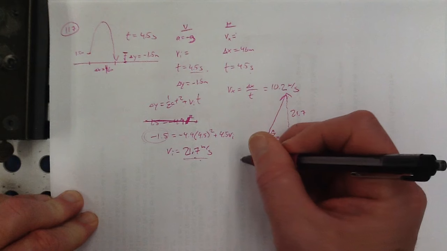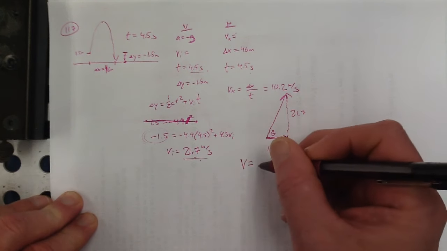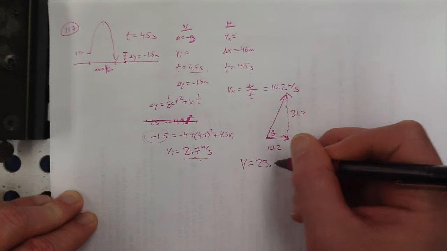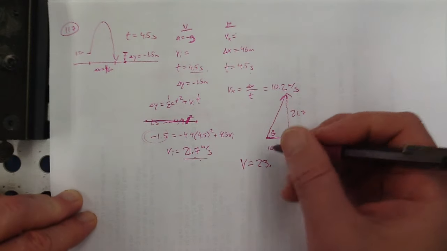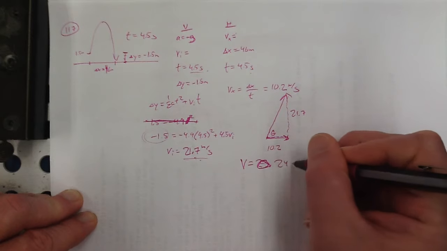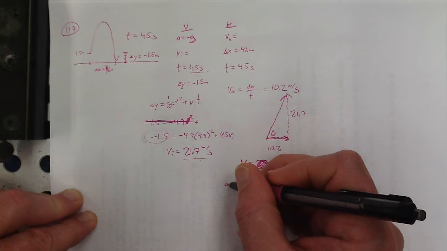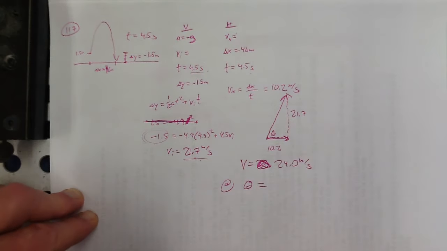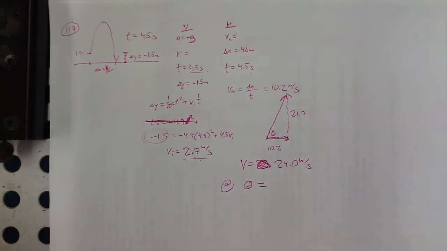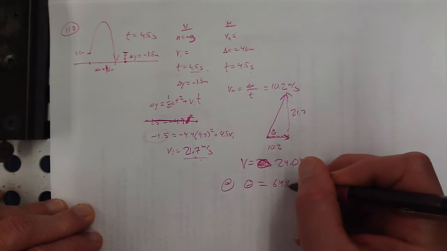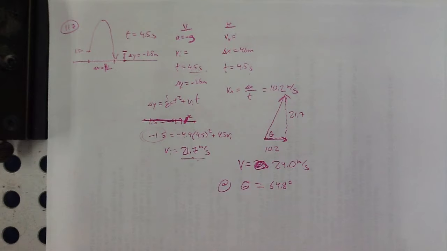We want a launch speed of 24.0, if I'm sticking with my 3 sig figs, meters per second at an angle of tangent inverse of 21.7 over 10.2, which is 64.8 degrees.